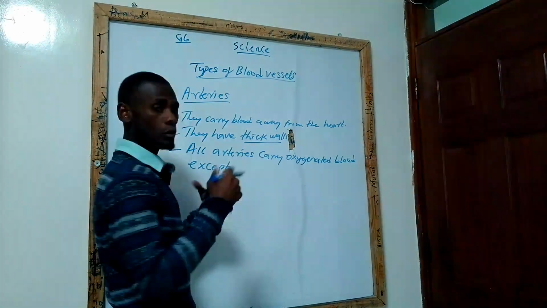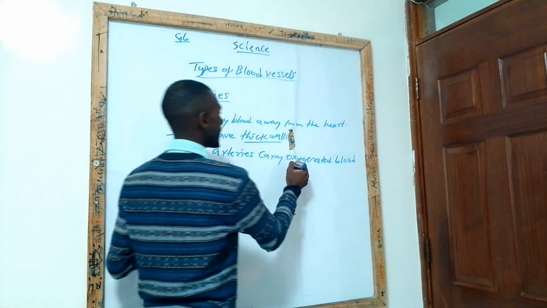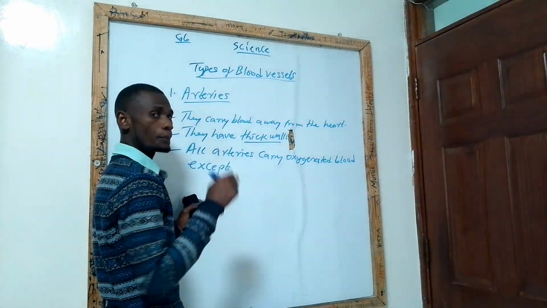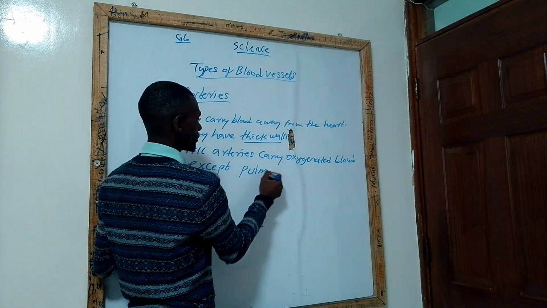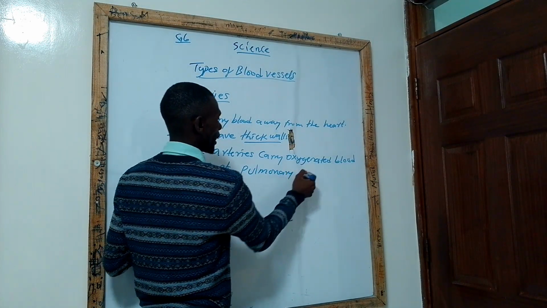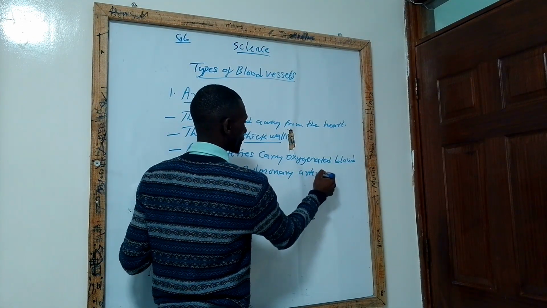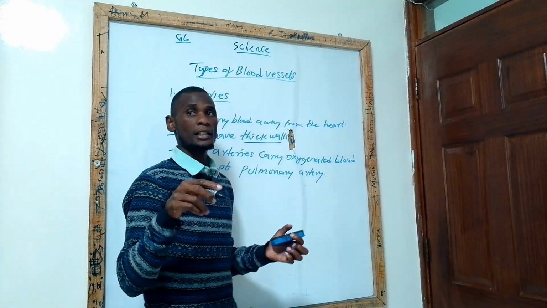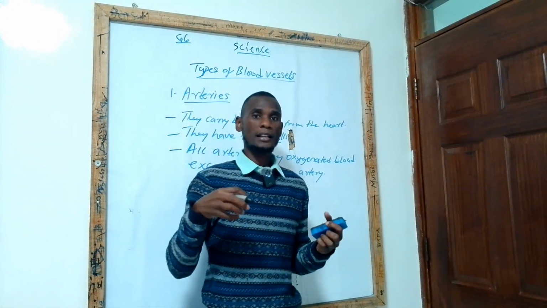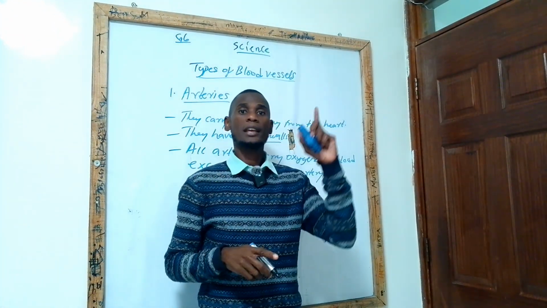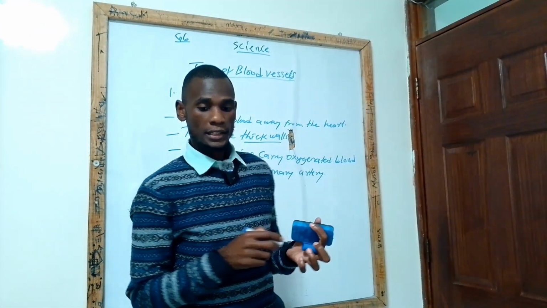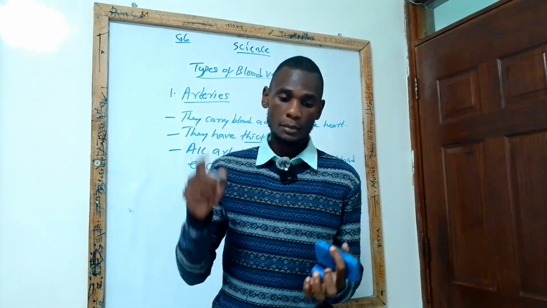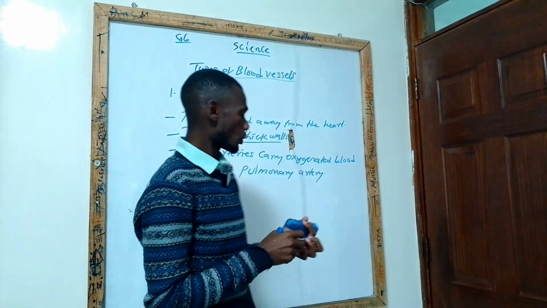So a good number of them carry oxygenated blood, except pulmonary artery. And remember, pulmonary artery carries deoxygenated blood from the heart to the lungs. So all arteries carry oxygenated blood except pulmonary artery.